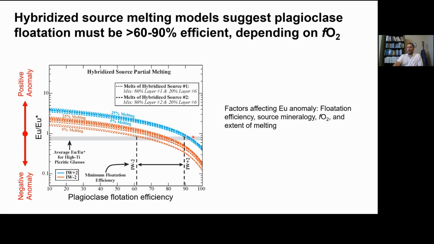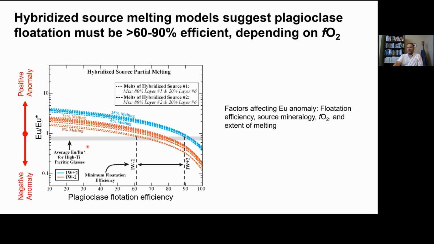Average europium anomalies are shown in gray for high titanium picritic glasses, and for these two different sources that Jesse investigated, he found that the plagioclase flotation efficiency, again, was somewhere between 60 and 90%, but there are all kinds of factors that affect the flotation efficiency that is possible according to the glass chemistry.